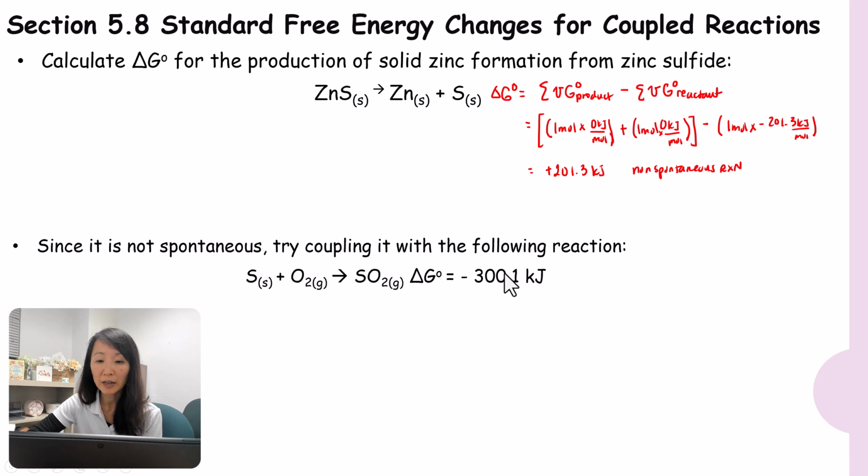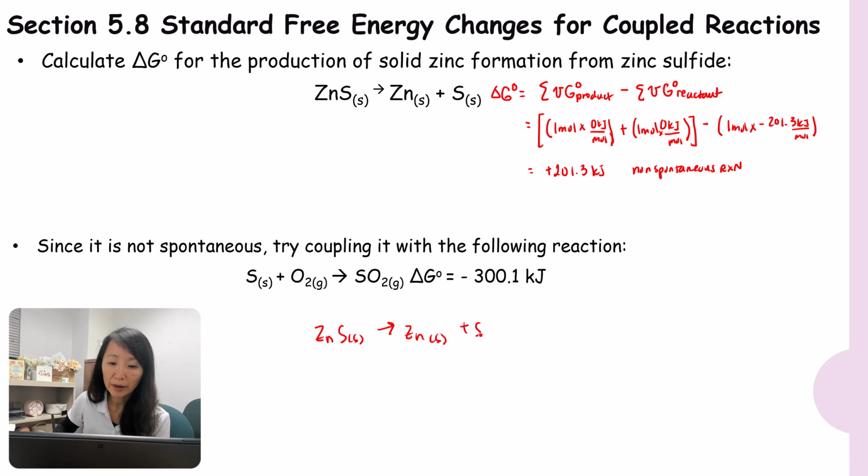Since this is much higher, we can stack these coupled reactions on top of one another to find out the overall spontaneity of this particular reaction. For example, you would take zinc sulfide.